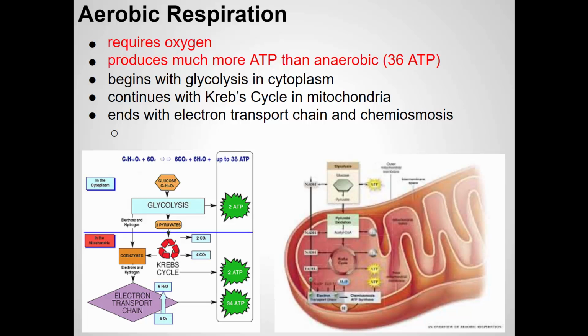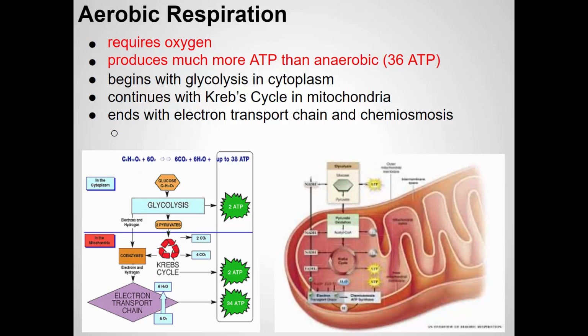So we start up here. This is glycolysis. Happens in the cytoplasm. It starts with glucose, forms 2 pyruvate molecules, and results in a net gain of 2 ATP. But then in aerobic respiration, those pyruvate molecules continue on a different pathway, where the rest of the energy is extracted.